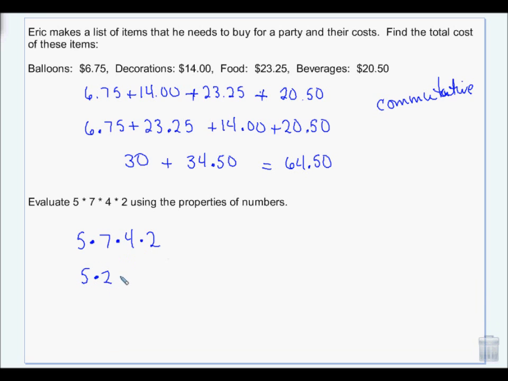And 7 times 4 is easy to do in my head. And that's 10, and that's 28, and that's real easy, 10 times 28. So I'm changing things around and grouping them. So I used commutative and associative. And that's what those are useful for. Just moving things around or grouping things differently so that you can make the multiplication or the addition quick in your head.